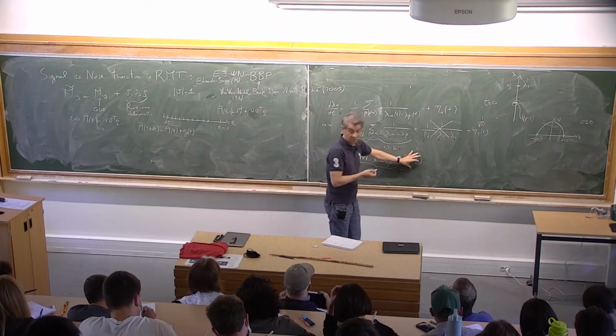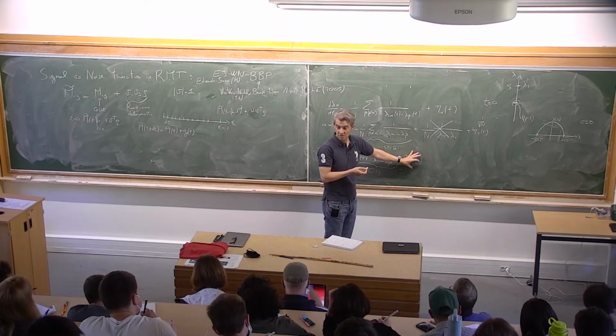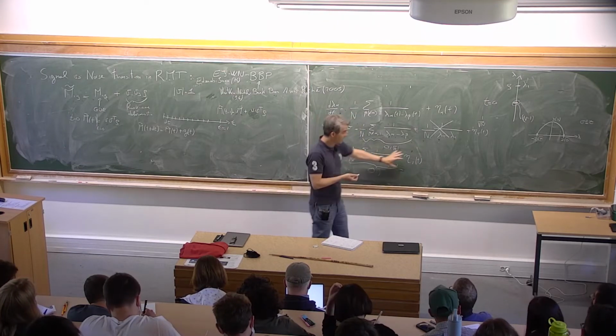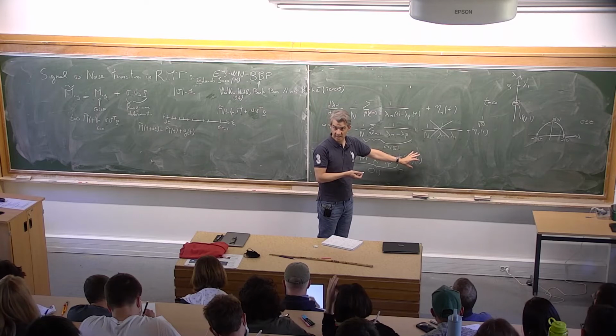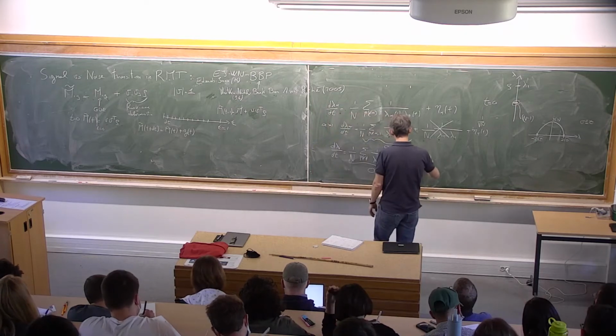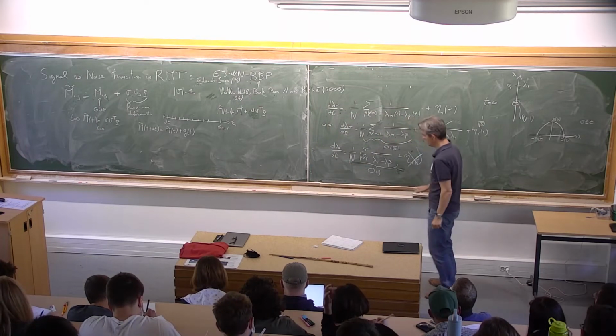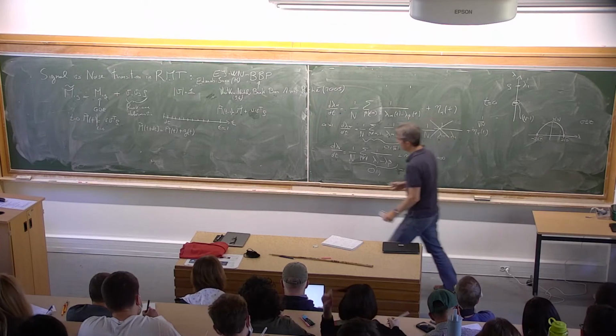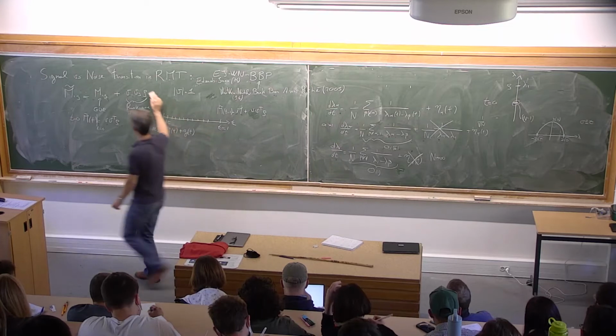This term here is of order 1 over square root of n, and is stochastic. But when n is large, at least for lambda 1, I can forget about it. So when n is large, I can forget about this term. And the equation for lambda 1 is this one. And so this is when n goes to infinity. And let me write again what is the equation for lambda 1.